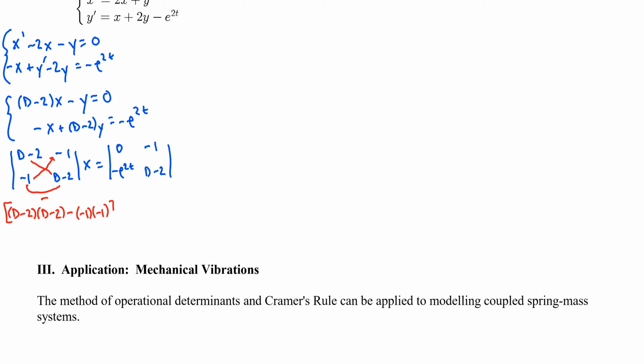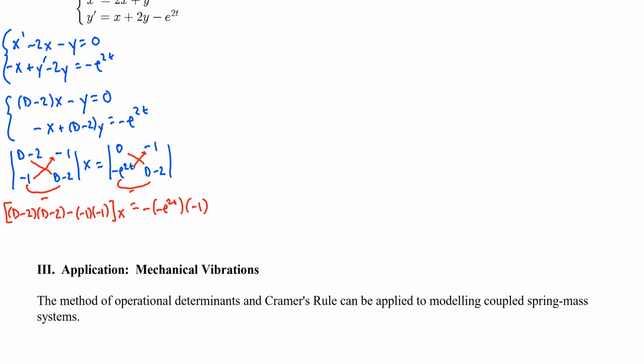All of this applied to x is equal to, on the right side, forward diagonal product is 0, and our reverse diagonal product, we're going to have -e^(2t) times -1.